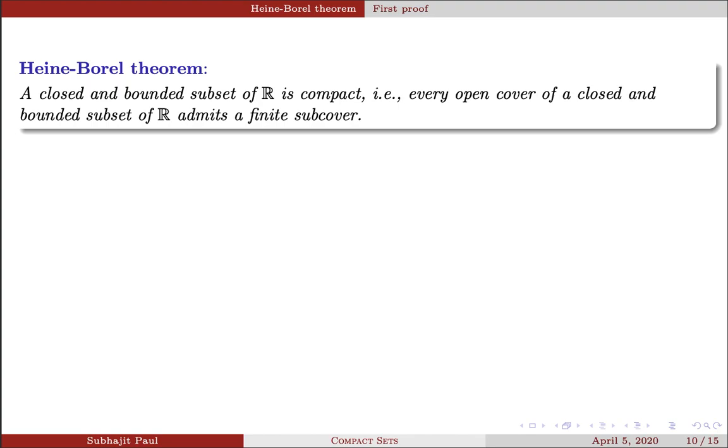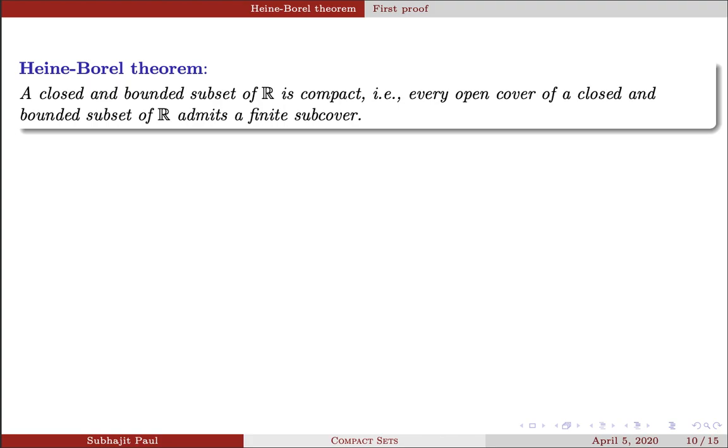Since K is bounded, K is inside a closed and bounded interval [a, b]. Our main proof will be showing that the closed interval [a, b] is compact, and hence by the theorem I just mentioned, since K is a closed subset of that compact set, K will be compact. So this will be our flow of arguments.